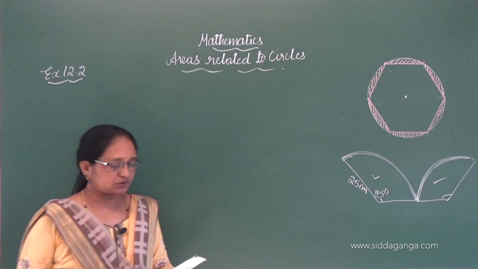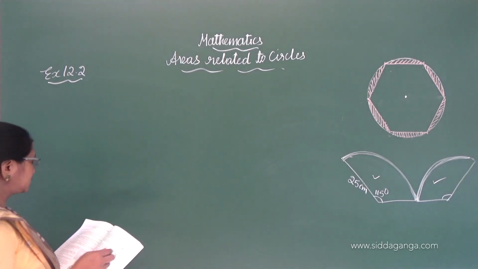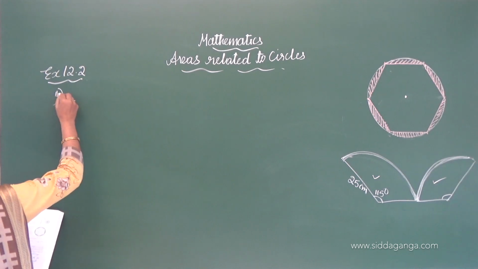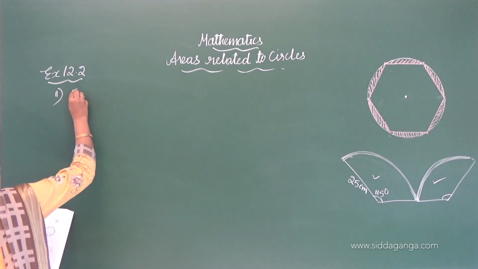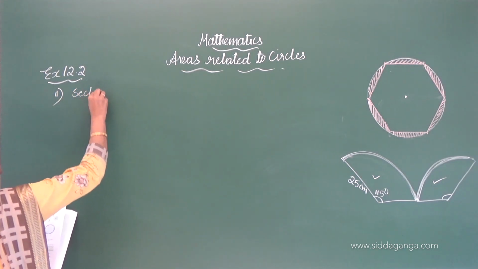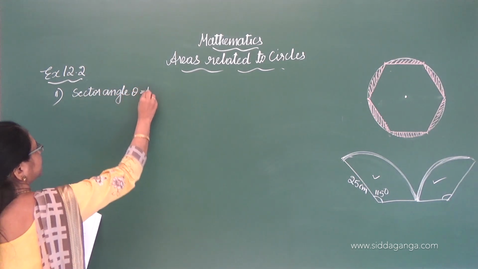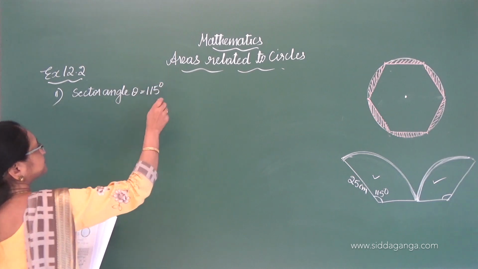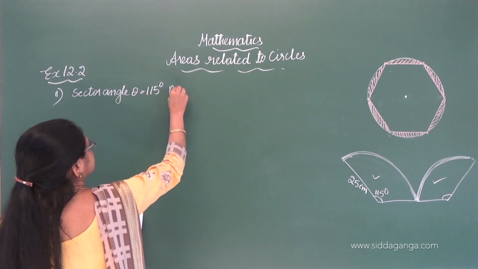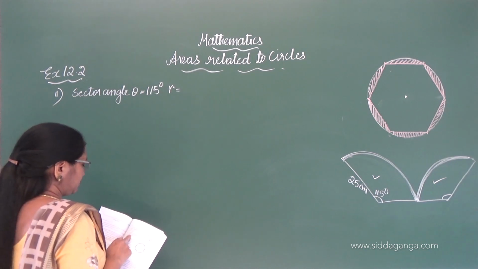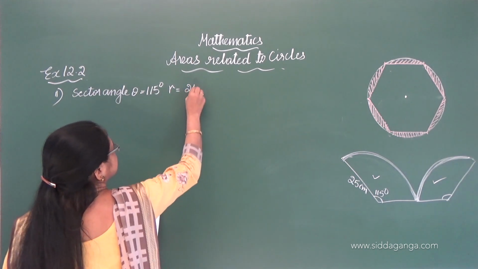Okay. Now let us try to solve this. So by writing the data first. Data, what is the data given? Sector angle, that is theta is equal to 115 degree, and the radius, that is length of the blade, is 25 centimeter.